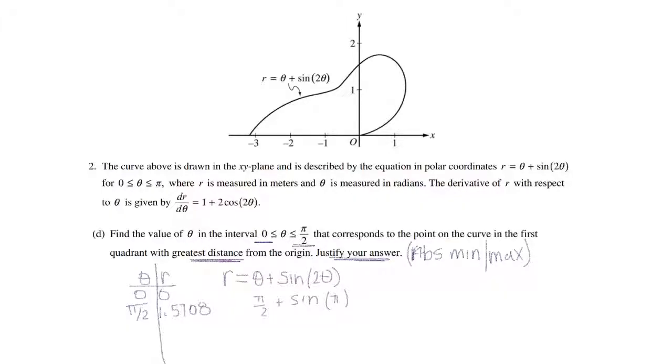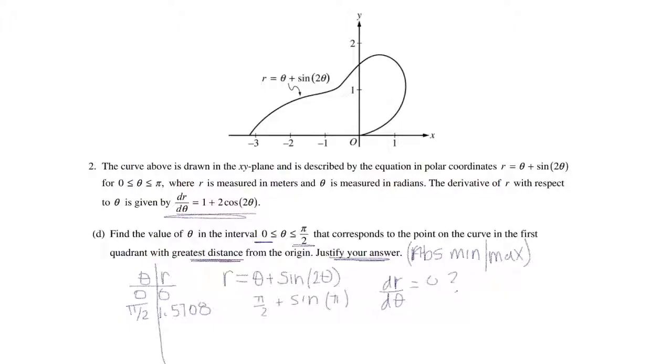So we also have to find our critical point. That's where our first derivative is 0. So we need to see where dr d theta is equal to 0. Where is that going to happen?